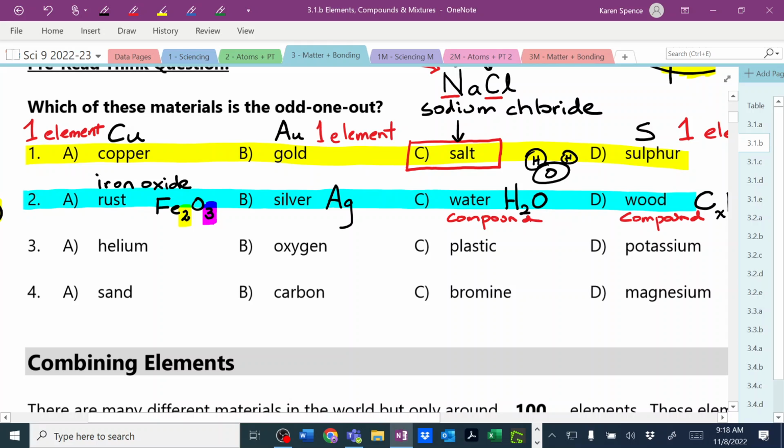So it is a compound. But silver, what's silver made of? Just silver atoms. There's no other types of atoms, so that is an element. Okay.